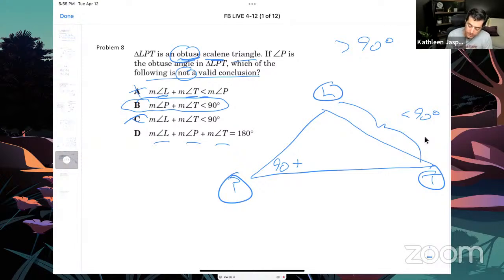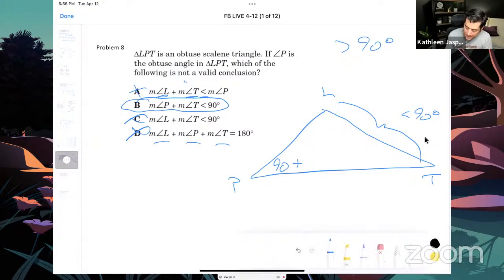That is a valid conclusion, so it doesn't work out for this problem. So B is correct because it is the only one that is actually incorrect, because this is a "not" problem. Be careful with problems like this, because yes, they are very confusing, especially dealing with triangles and angles where they don't give you exact measurements. So it's all the stuff that you need to know.